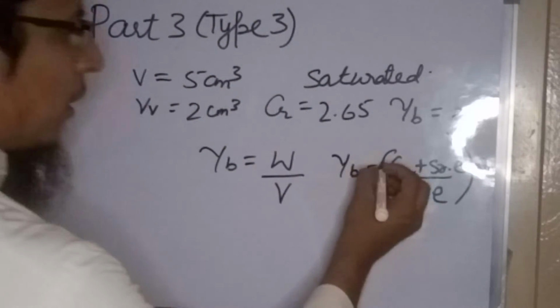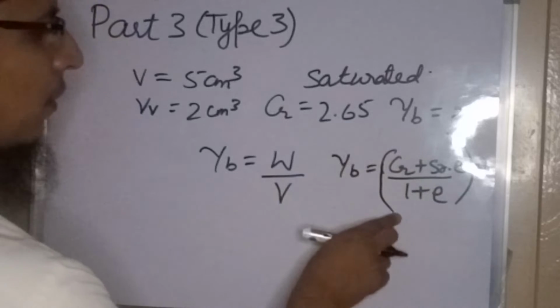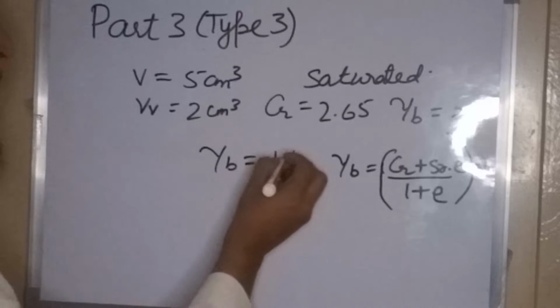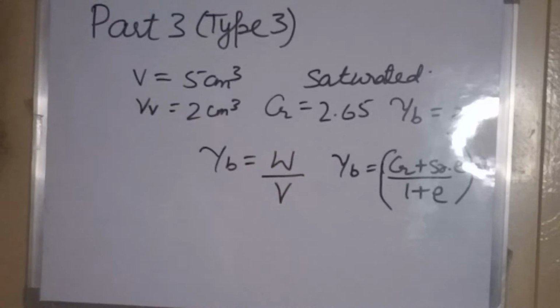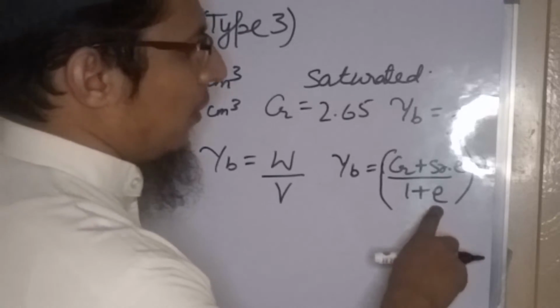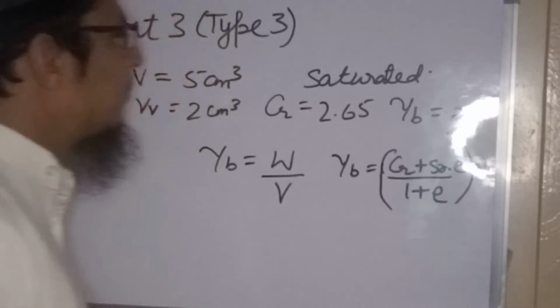These two formulas, one is from interrelationship and the other is from basic soil formulas, but none of them can be used to find the bulk density of soil, as we don't know the total weight. There is no term of weight here, and in this case we don't know the void ratio.